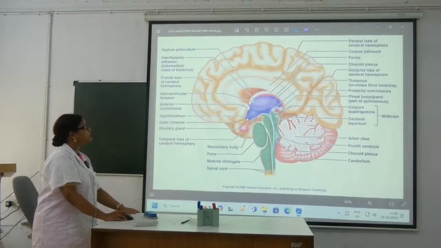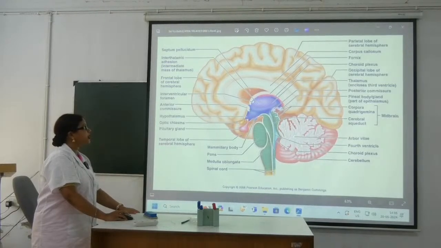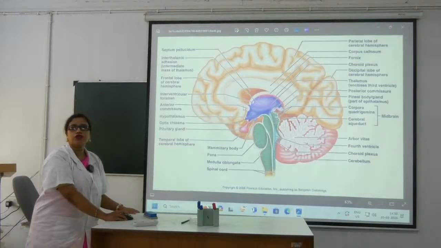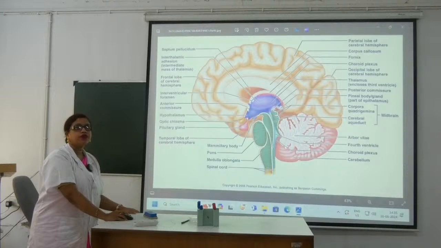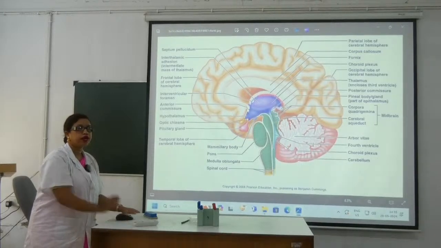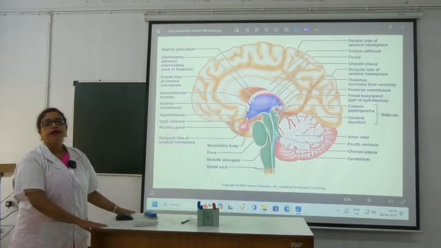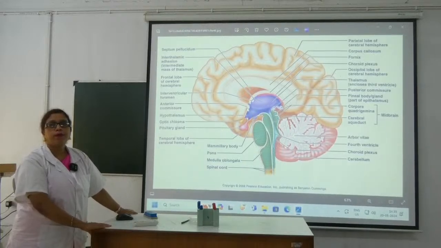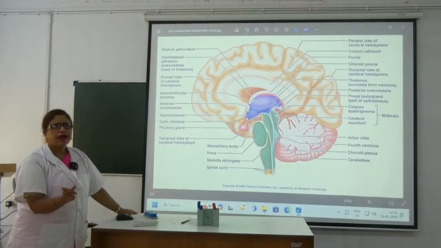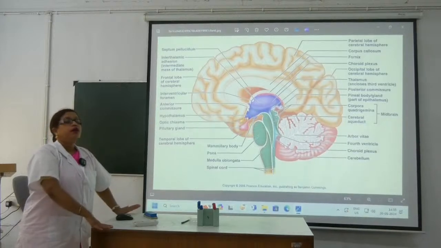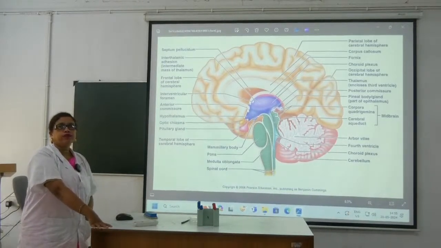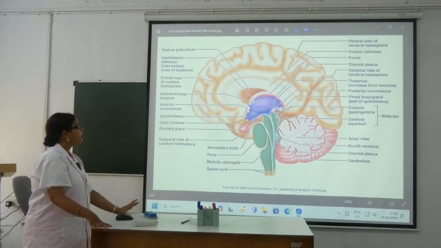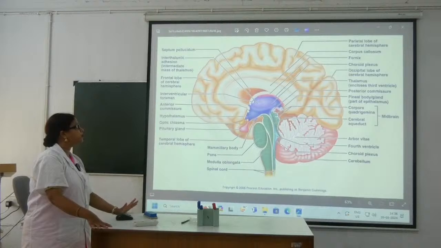Okay, now here you see there is one small deviation of this rostrum of corpus callosum. Could you see over here? So that is known as anterior commissure, very much important. So write it down. The extended and downward part of rostrum of corpus callosum is known as anterior commissure.